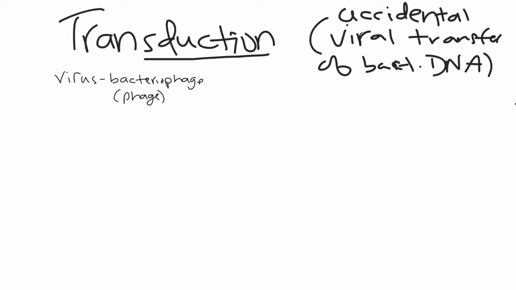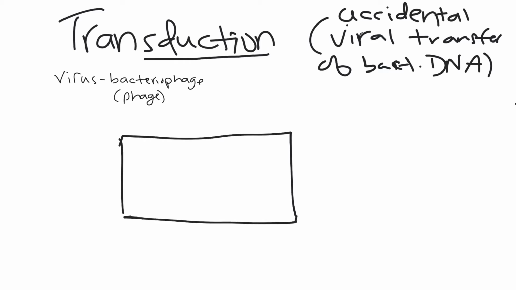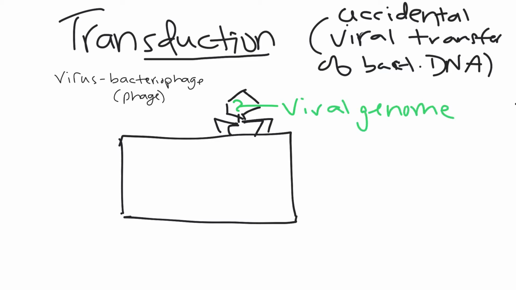All right, so we're going to start with one cell here that we're looking at. This is ultimately the donor cell, but there's no particular reason it's the donor cell. It's just because it's the one that gets infected with the virus. So there are viral particles that are in the environment, and they carry viral genomes. And in this case, I'll draw double-stranded DNA still.